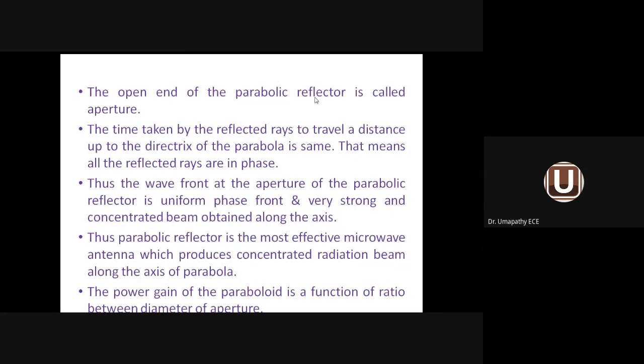The open end of the parabolic reflector is called the aperture, and the time taken by the reflected ray to travel up to the directrix of the parabola is the same. So whichever electromagnetic wave comes in, they will take the same time to reach the directrix, and from there it will radiate into free space. It means all the reflected rays are in phase. So this parabolic reflector is the most effective microwave antenna, giving a concentrated radiation beam along the axis of the parabola.